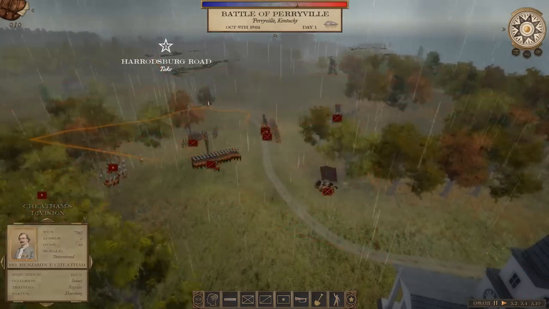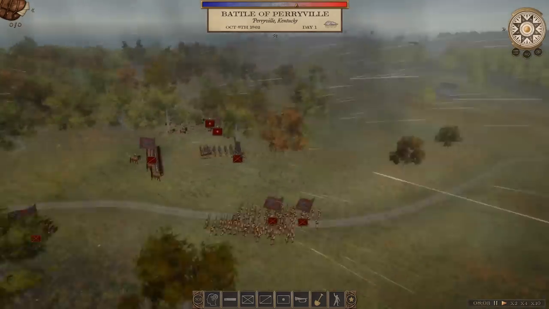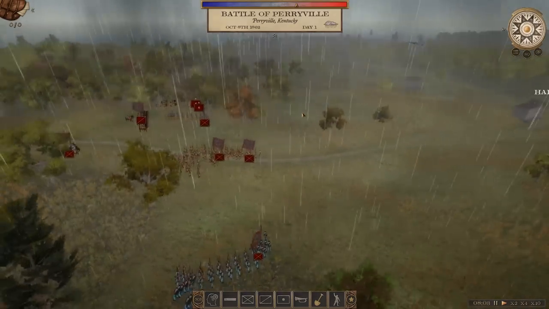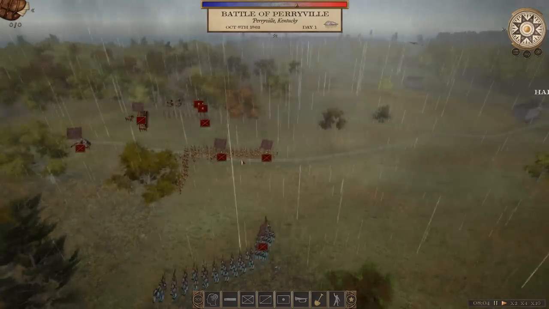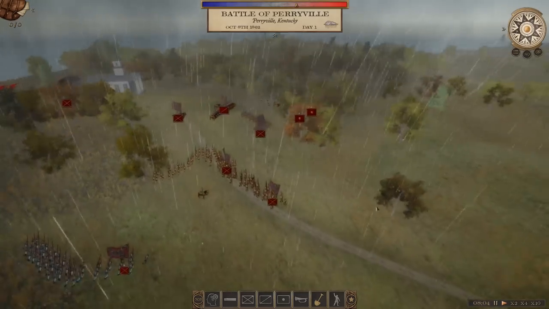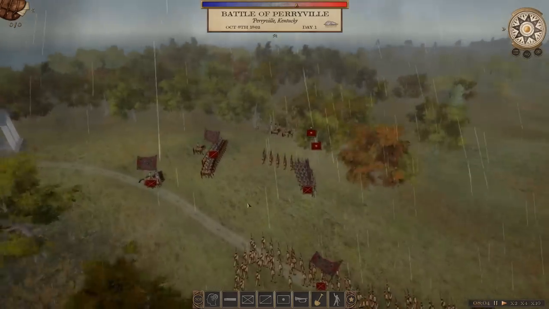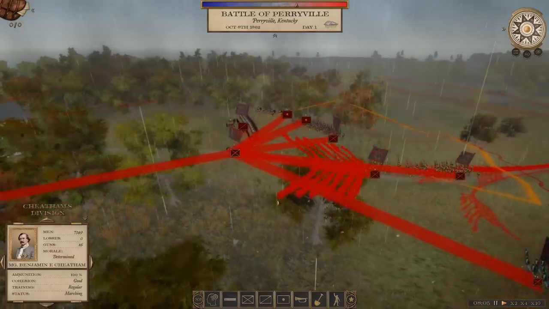And Cheatham already got his troops moving. And because of the rain, we see no dust clouds forming up from marching on the gravel roads or mud roads.